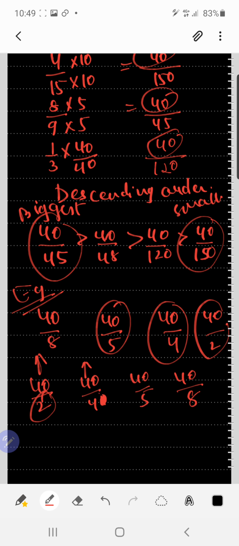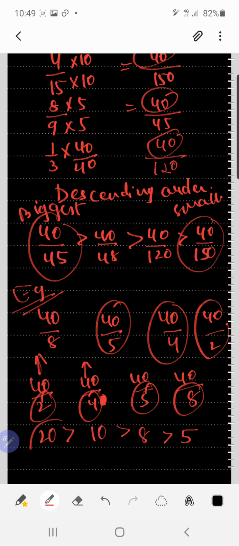So denominators जितना आपका कम उतना नंबर बड़ा. कैसे? 40 अपॉन 2 करोगे तो you will get 20, 40 अपॉन 4 करोगे तो you will get 10, 40 अपॉन 5 करोगे तो you will get 8 and 40 अपॉन 8 करोगे तो you will get 5. So you will notice that you got something like this. So that's your biggest number.